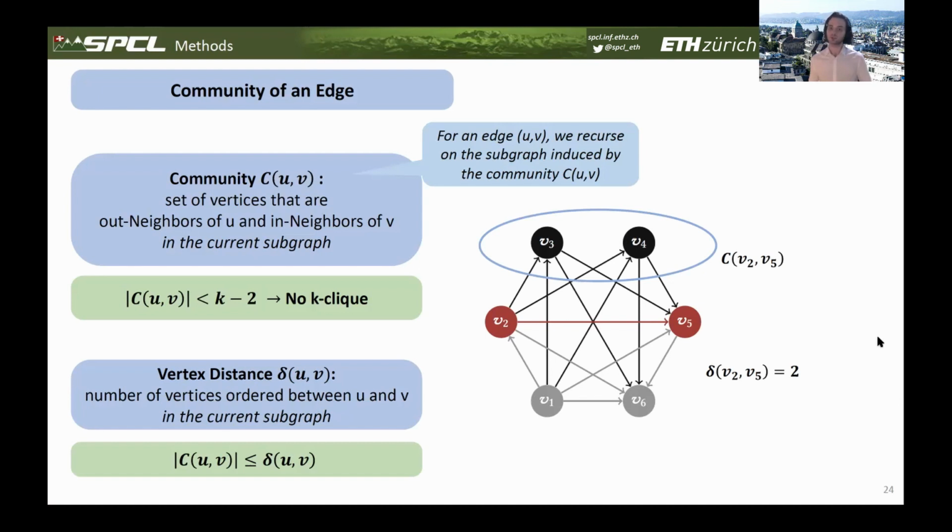Now to compute this, we only need to maintain these vertex labels consistently when we do the recursion, which is much cheaper than computing the necessary intersections that we would need to compute the community sizes explicitly. And as we will see, this pruning criterion suffices to get the asymptotic improvement that we sought.